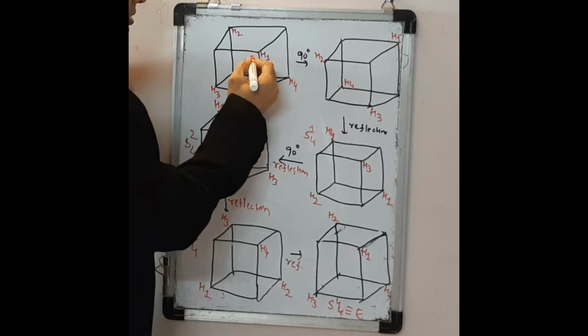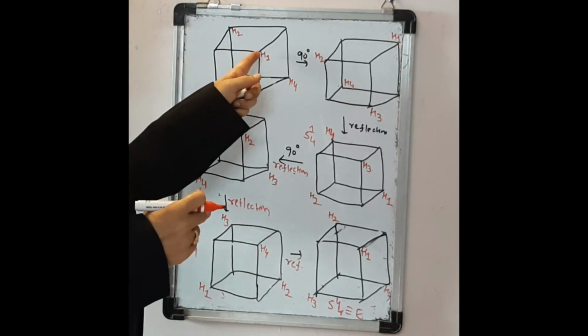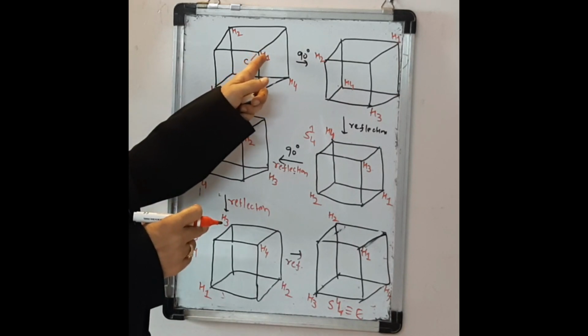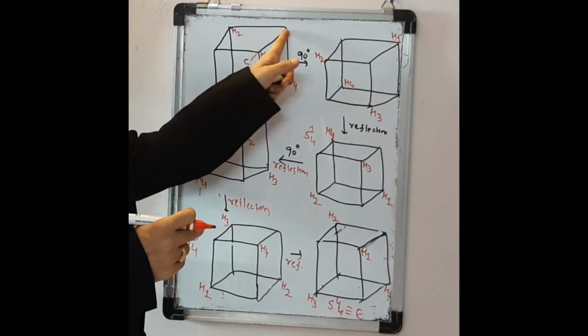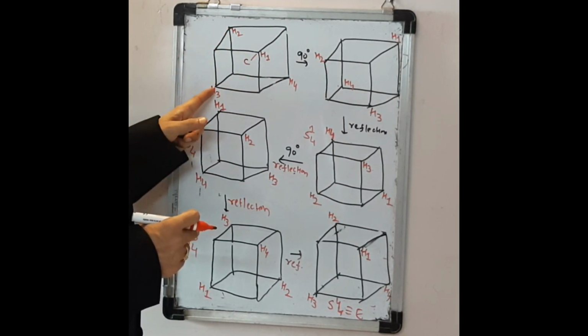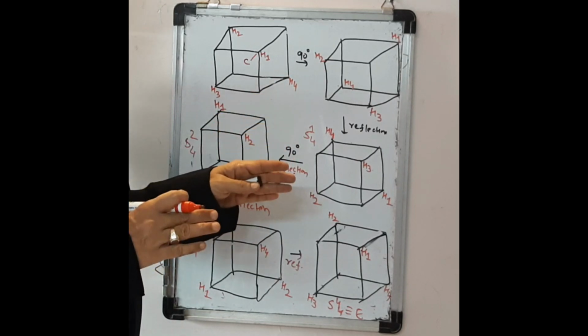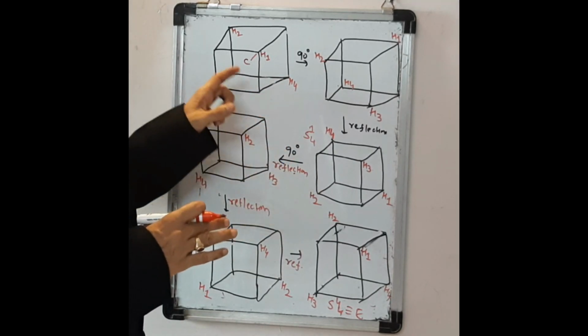This is carbon and the 4 hydrogens are arranged alternatively. This is H1, this place is kept vacant. This is H2, this place is vacant. This is H3 and this is H4. So all the 4 hydrogens are placed alternatively.